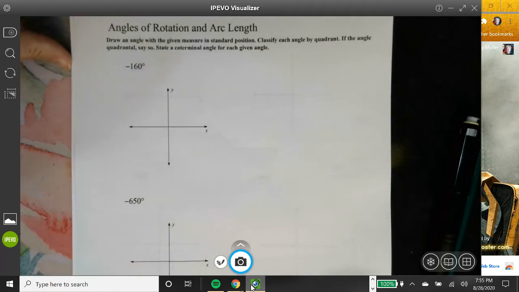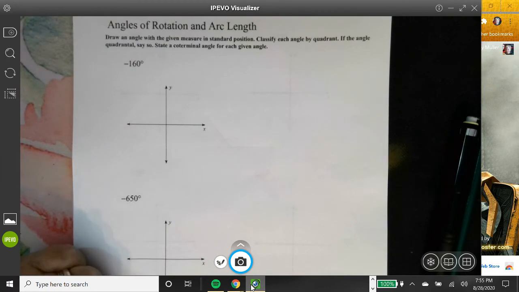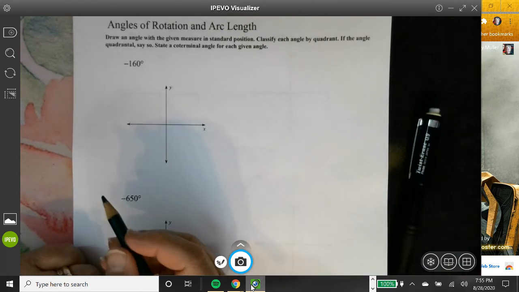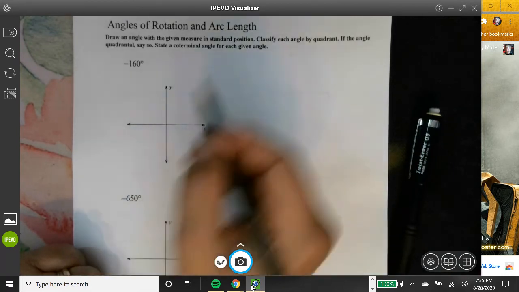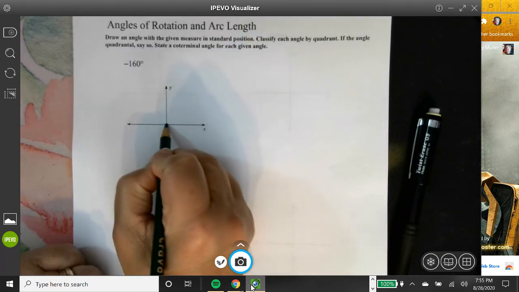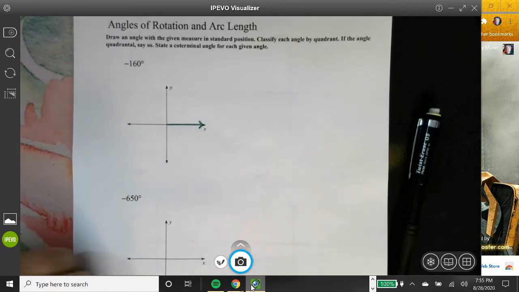And I'm going to come up with an expression, because we can have infinitely many coterminal angles if you think about it. So let's start off with negative 160 degrees. And we're going to put these in standard position because that's what the question requires. Okay, so standard position means my initial side is on the positive x-axis.